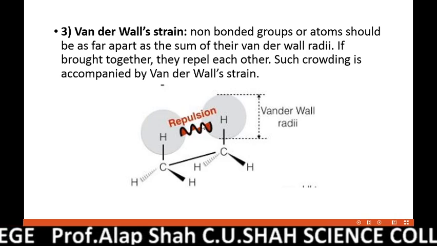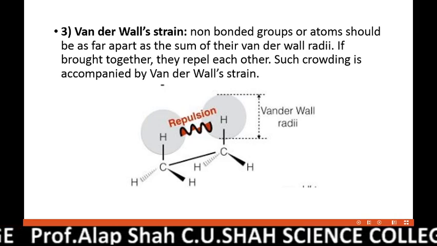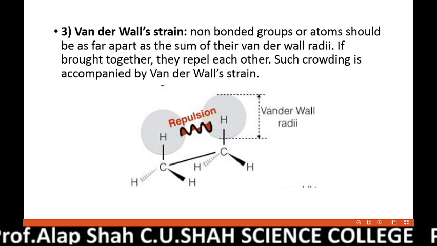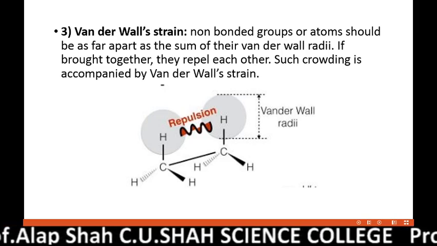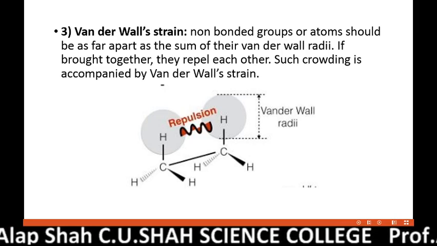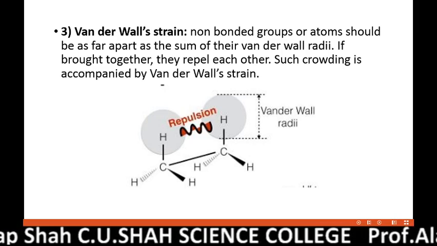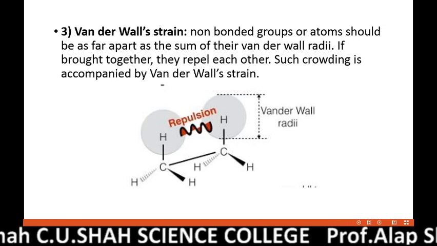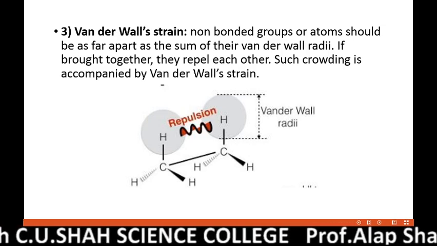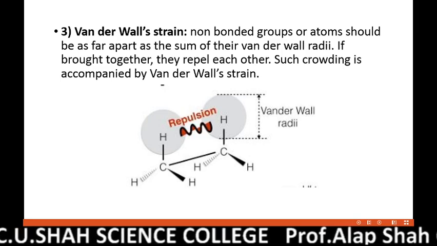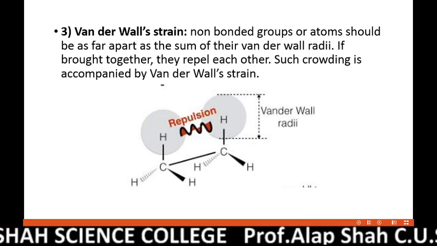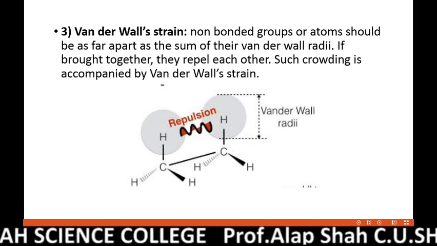Any kind of repulsion increases the potential energy, which ultimately decreases the stability. So these three factors increase the potential energy, which ultimately decreases the stability. In forthcoming videos, one by one we will separately discuss the conformational analysis of ethane, normal butane and cyclohexane.